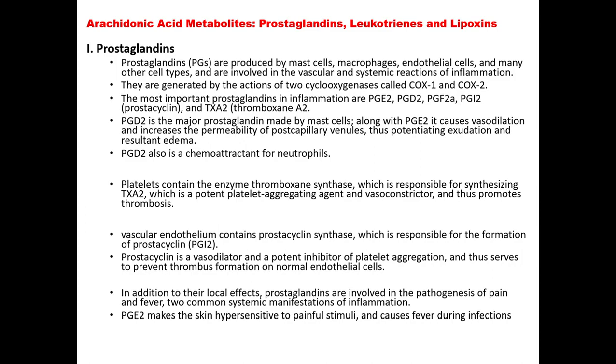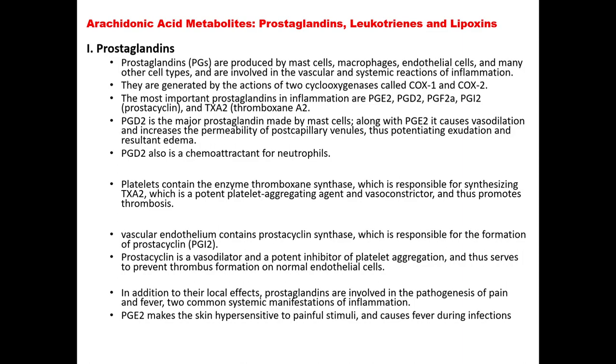D2 also is a chemoattractant for the neutrophils, so each one of them has a specific function. Platelets contain the enzyme thromboxane synthase, which is responsible for synthesizing thromboxane A2 اللي هو a potent platelet aggregating agent and vasoconstrictor and thus promotes thrombosis.